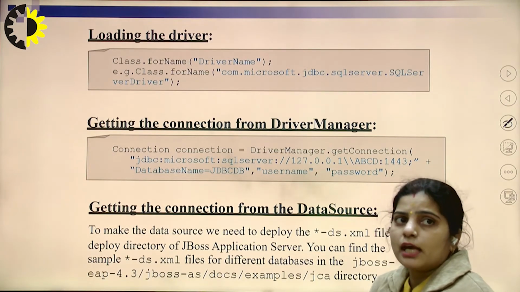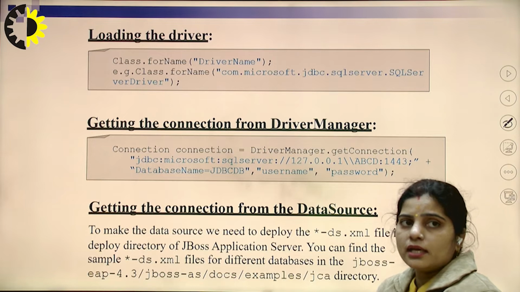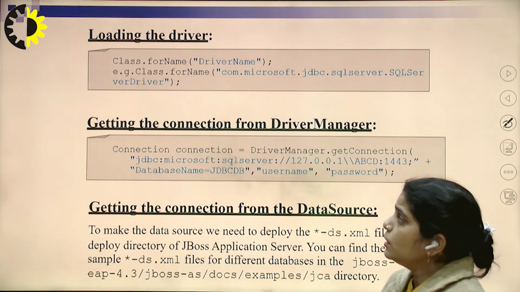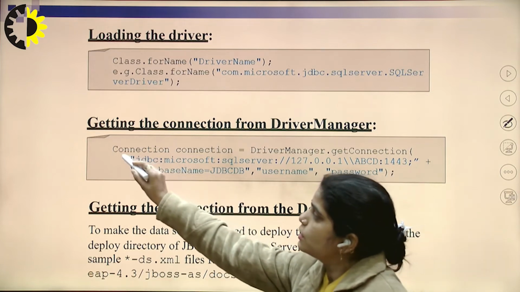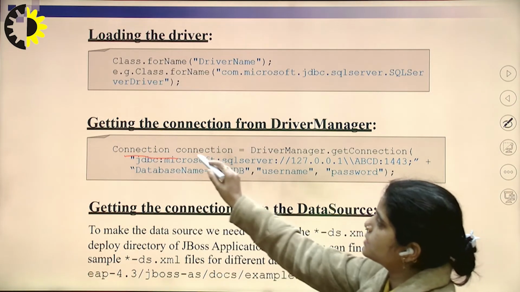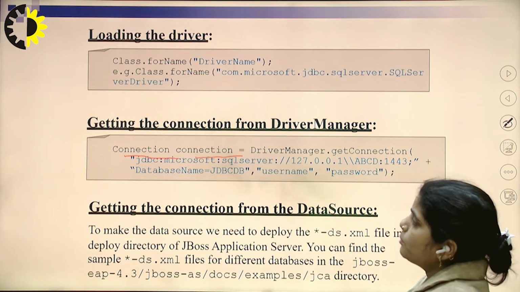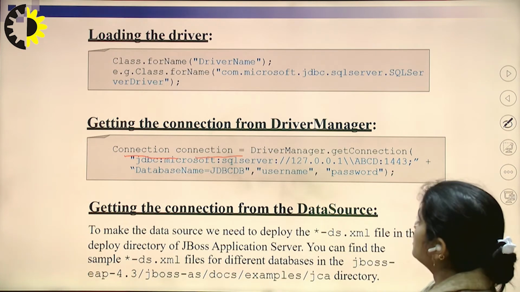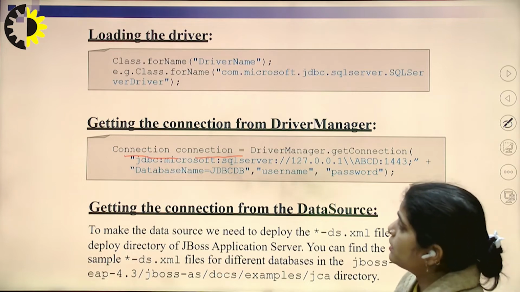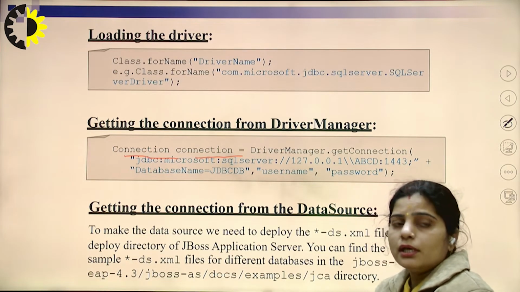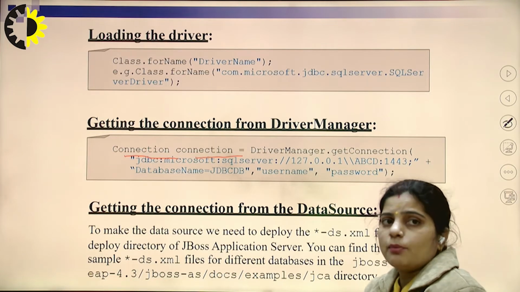Now the next method is getting the connection from the DriverManager. Whatever driver you are loading, in the next step you have to get the connection from that driver manager using a particular syntax. So this is the Connection class and this is an object. Connection object is equal to DriverManager.getConnection, and within the braces we write jdbc:microsoft: followed by the name of the database which we are using.